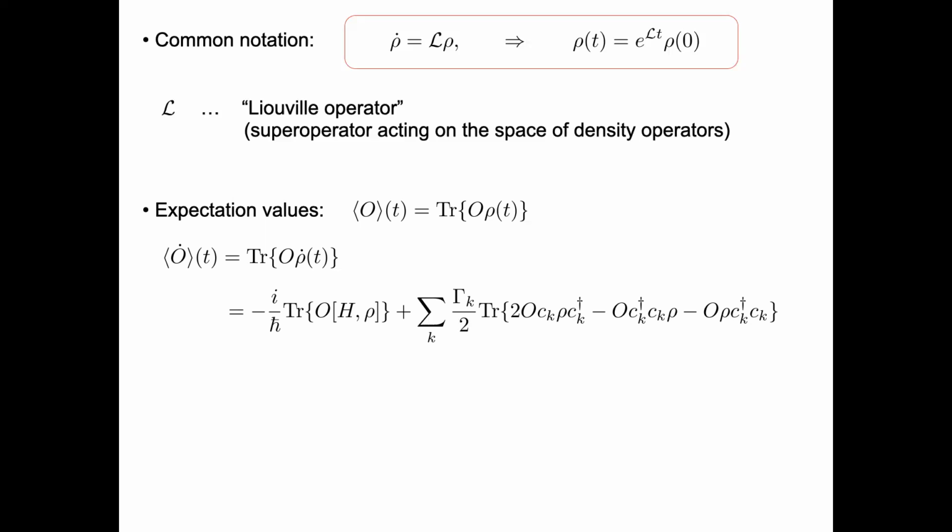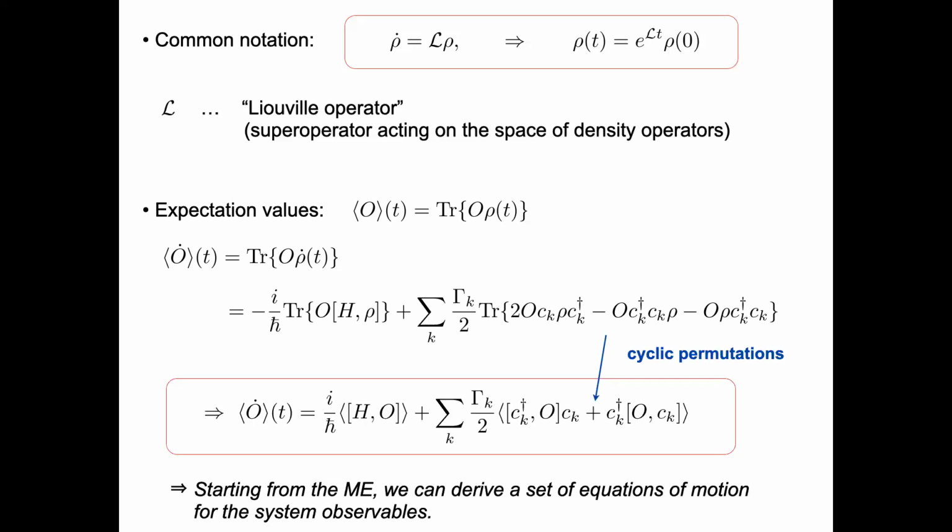Okay, and the same we can do also over here. Reorder them, so always bring the rho to the right. And if I do these cyclic permutations, I end up with an equation for the expectation values. So I've now essentially gotten rid of the density operator itself, and this is now an equation for the expectation values.